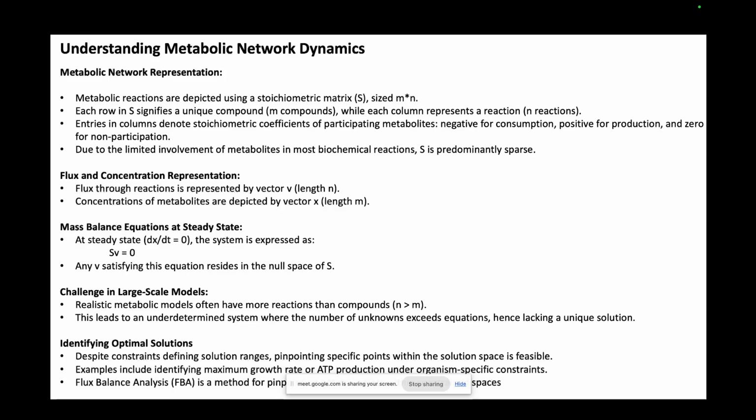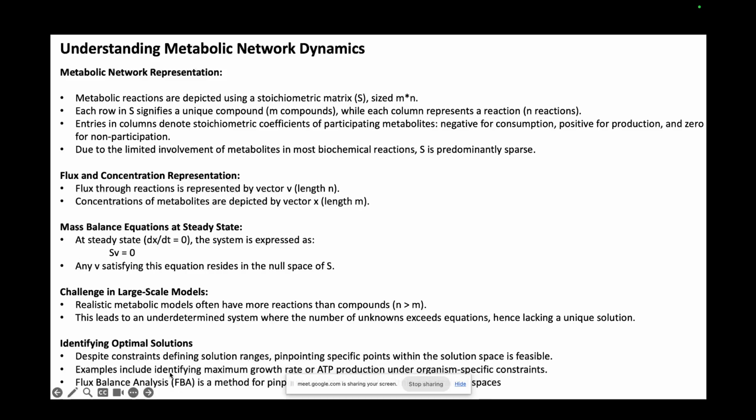It's actually the other way around. In real life networks, the reactions will be much greater than the compounds. But one compound will be involved in like 5-7 of these reactions, and not all the compounds will be involved in all the reactions. That is why you have a lot of zeros, a sparse matrix there. So yeah, just to clarify.